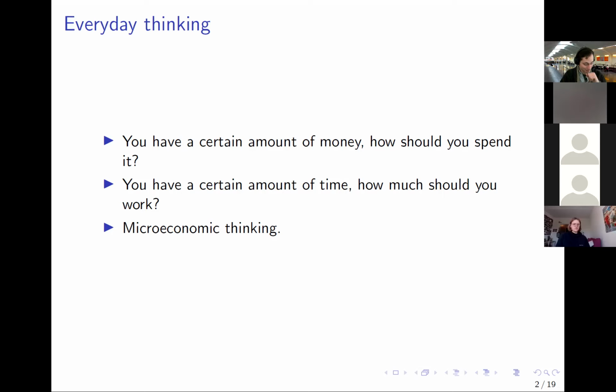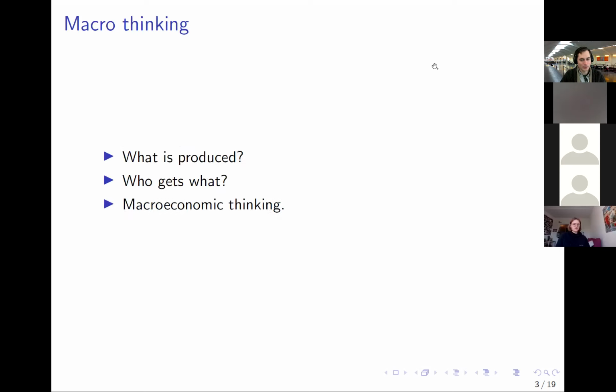For the purposes of these slides, I call that microeconomic thinking. What I call macro thinking is when you start thinking about resource constraints. Rather than thinking about expenditures and profits and wages, of course we're going to think about all those things, but at some fundamental level, what we're thinking about is what overall is produced and who gets what of what is produced.